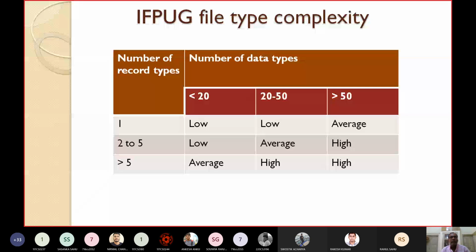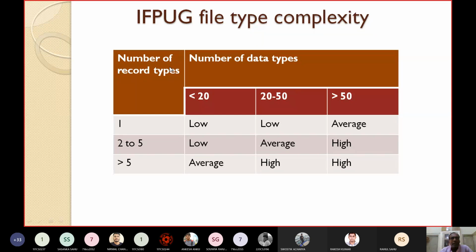Suppose in a problem the file is described by the number of records it has and the number of data each record has, then how to determine whether it's low, medium, or high? Here average means medium. If there is only one record, and that record contains less than 20 data types, then low. In between 20 to 50, then low type. If that record contains more than 50 data types, then it is average.